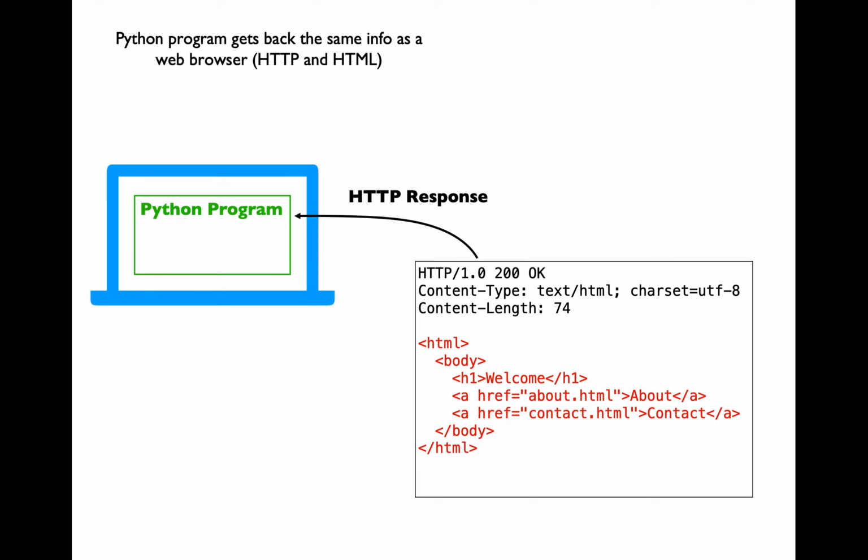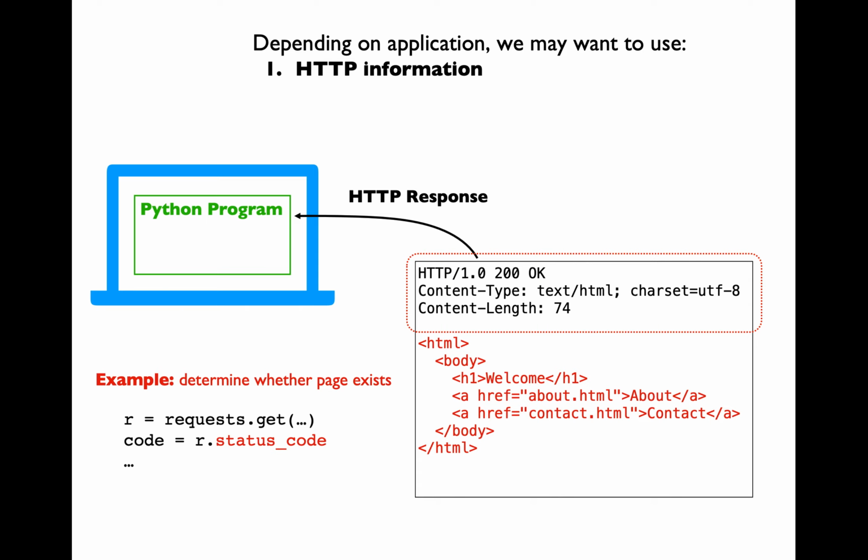What if instead of using a browser, we want to go through these steps using a Python program? Let me give you 3 examples as to why you would want to do this within a Python program. Let's say that you're interested in verifying the HTTP header information in order to perform a sanity check on a set of URLs to verify that those websites are accessible over the internet on a periodic basis.